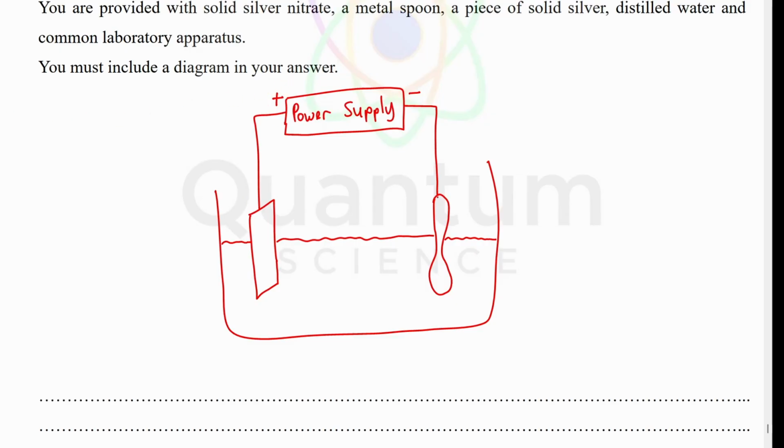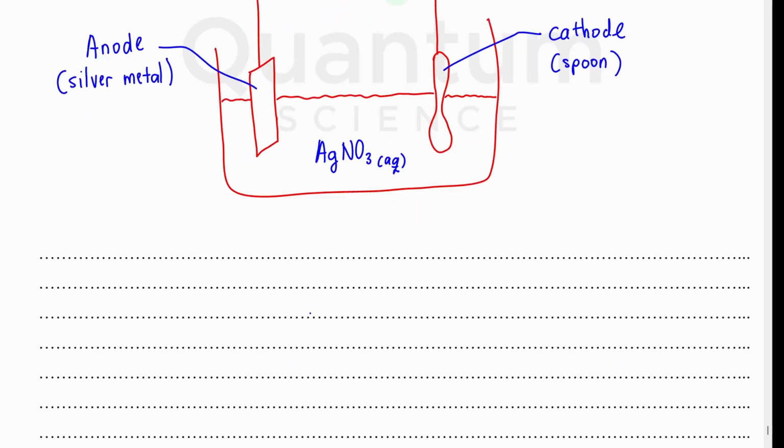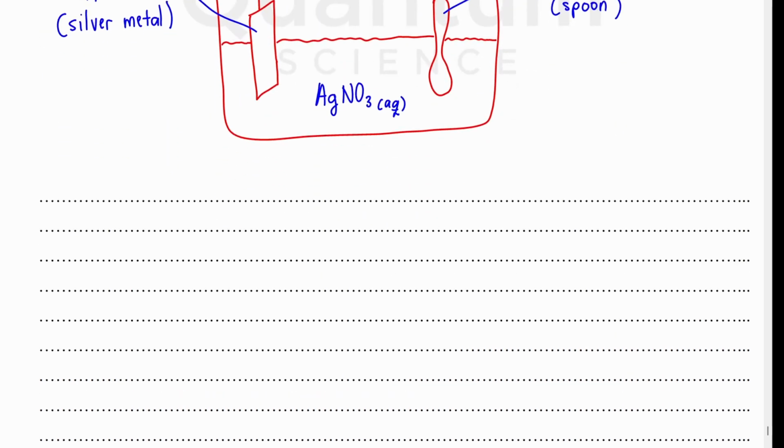So don't forget to name it. So this is the cathode, or this is the spoon, and this is the anode, or we can say this is the silver metal. And what is the electrolyte in here? AgNO3, and don't forget it should be aqueous. And what is the step-by-step in here?